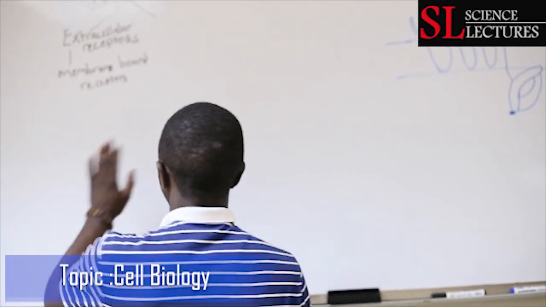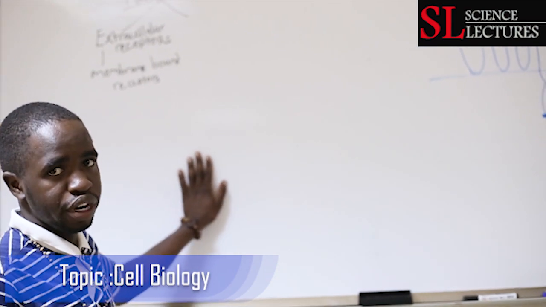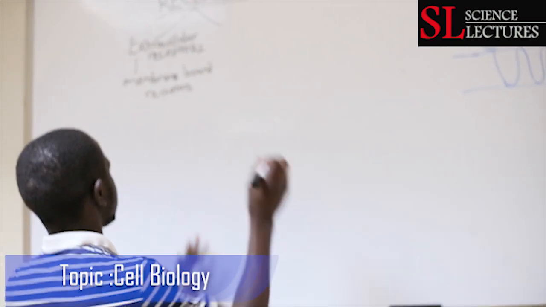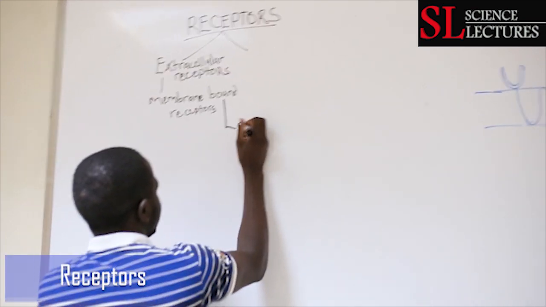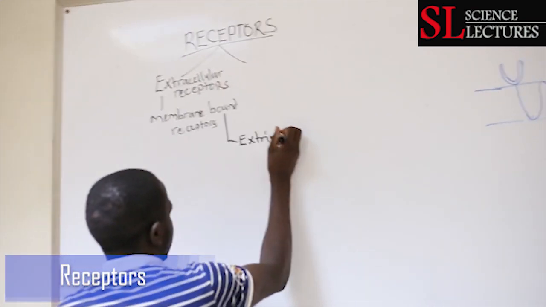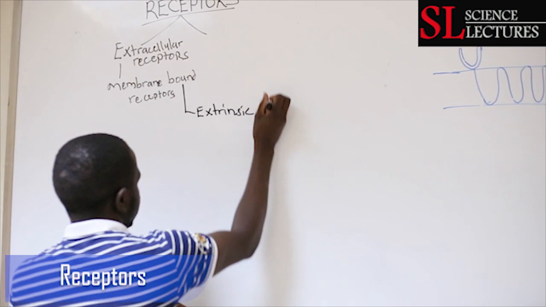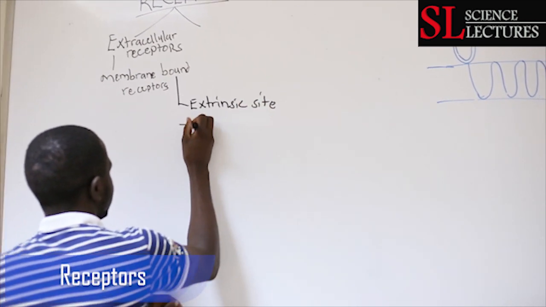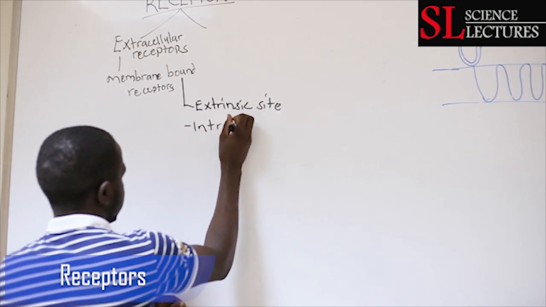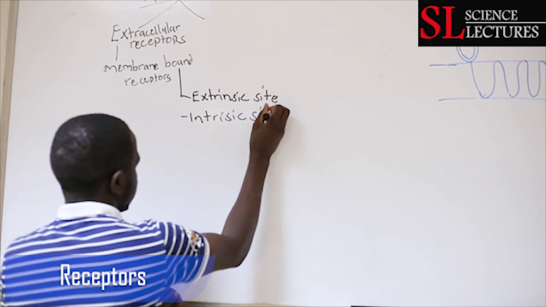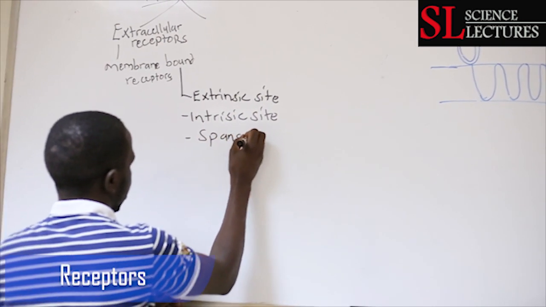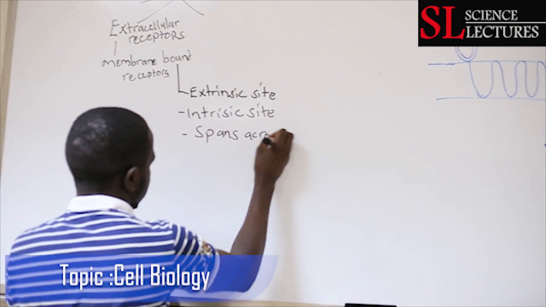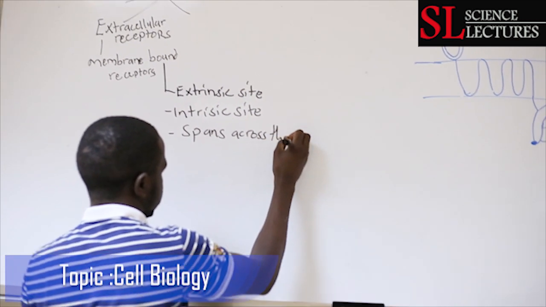Let's continue with extracellular receptors, or what we called membrane bound receptors. These ones they have an extrinsic site, they have an intrinsic site, and they have the one that spans across the membrane.